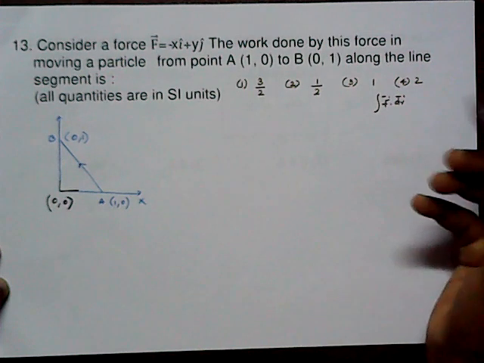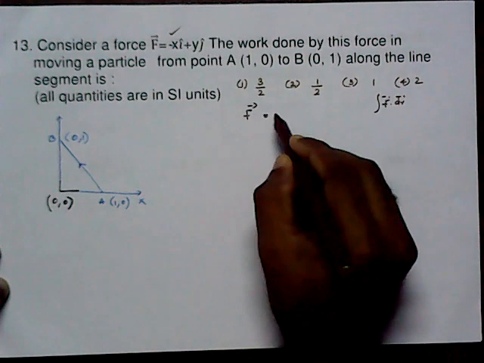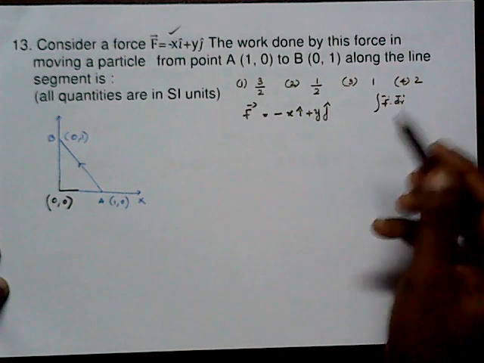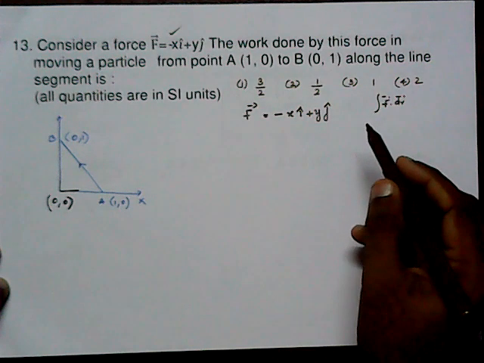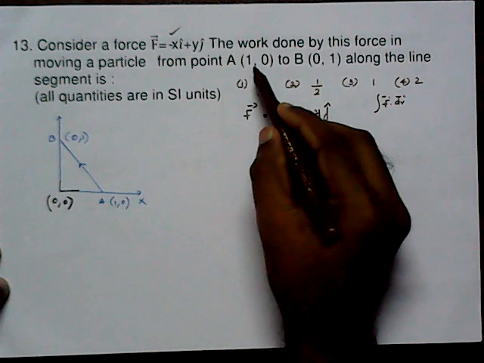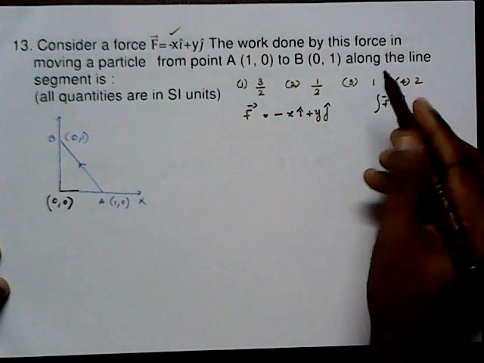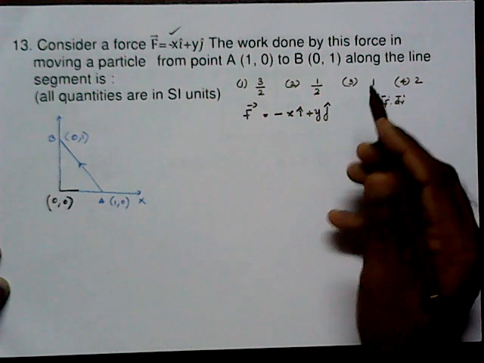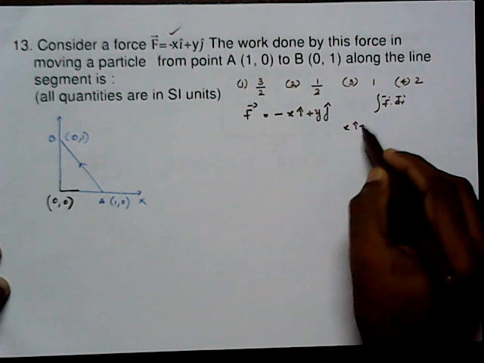So the simple concept: it is given that the force is minus xi plus yj. Keep in mind the position vector can be written as xi plus yj.